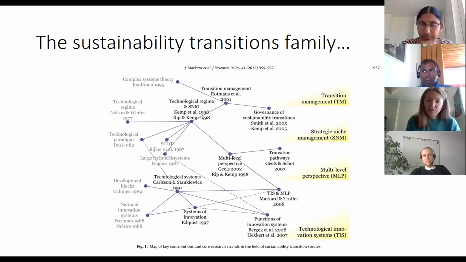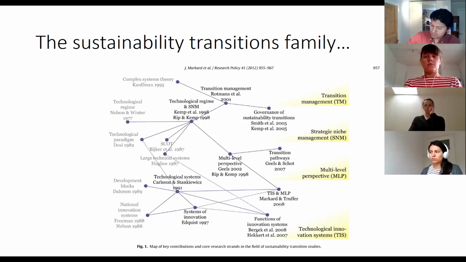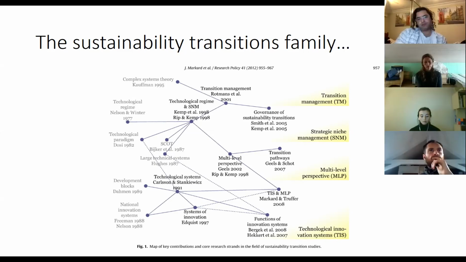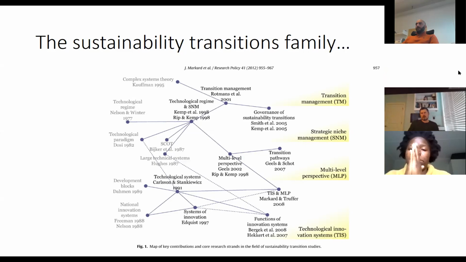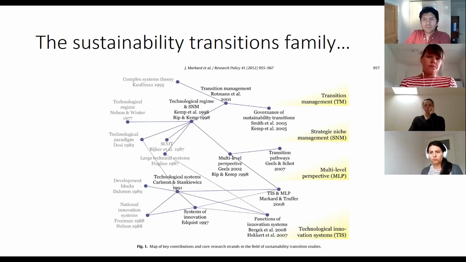Well, firstly, because emergence and maturation of new technologies is a central process in socio-technical transitions. And empirically, we see that TIS studies focus on studying the development of radical innovations, which are more environmentally sustainable than existing competing technologies.